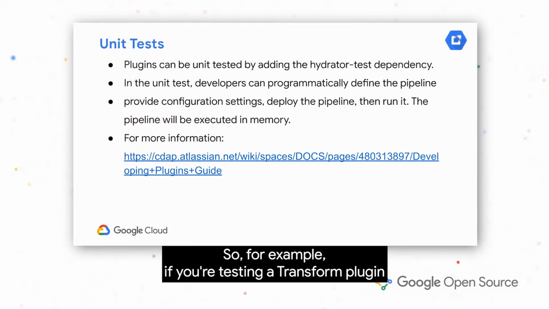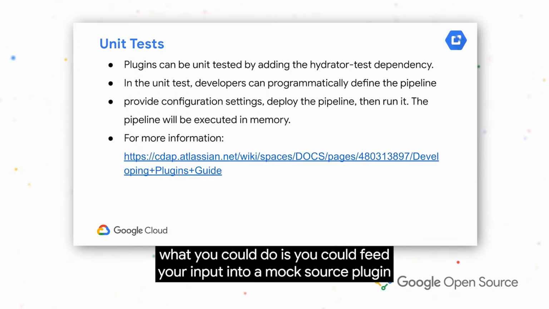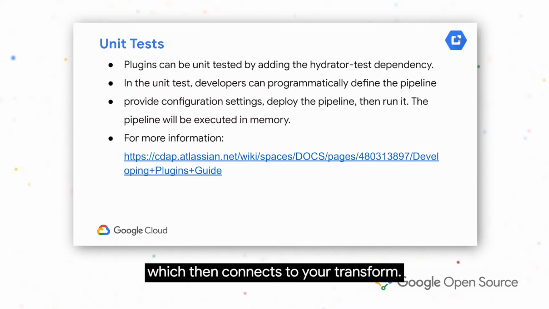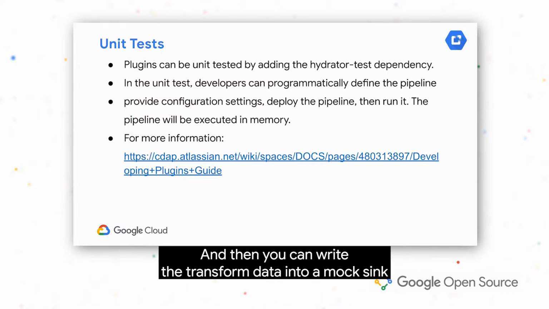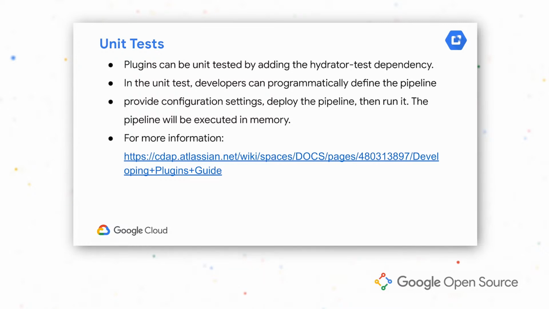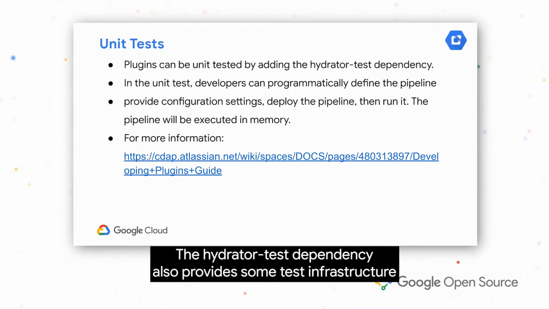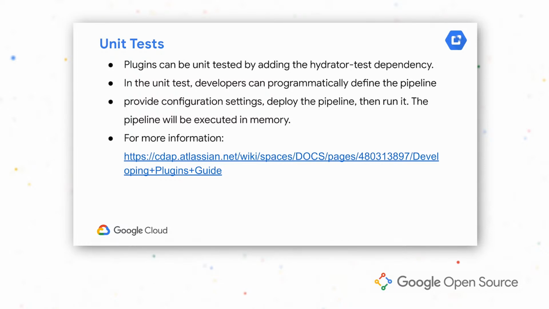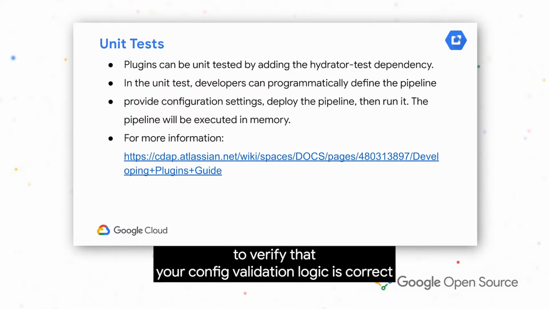For example, if you're testing a transform plugin, you could feed your input into a mock source plugin, which then connects to your transform, and then you can write the transformed data into a mock sink where you can verify that the transformed data is what you expected it to be. The hydrator test dependency also provides some test infrastructure to verify that your config validation logic is correct.